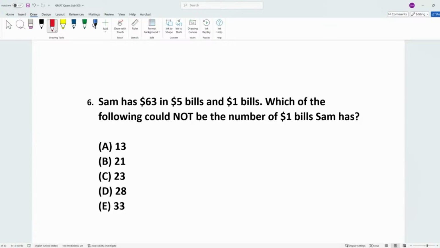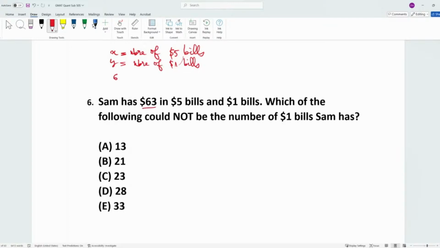So first of all, we will say here that let x be equal to the number of $5 bills and y be equal to the number of $1 bills. Okay, and what it tells us here is that Sam has $63.